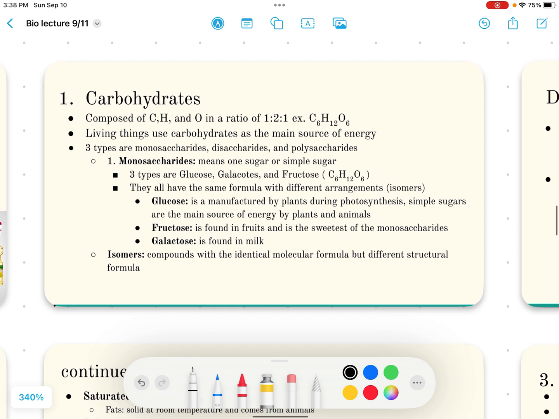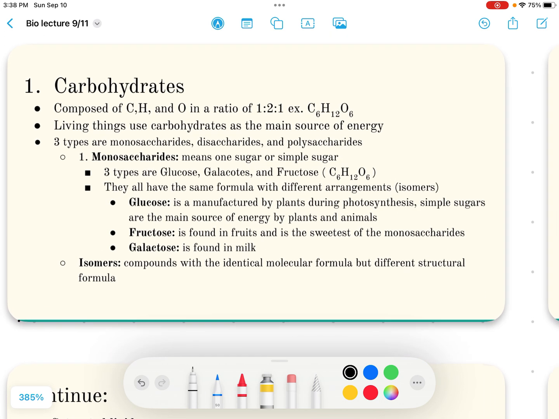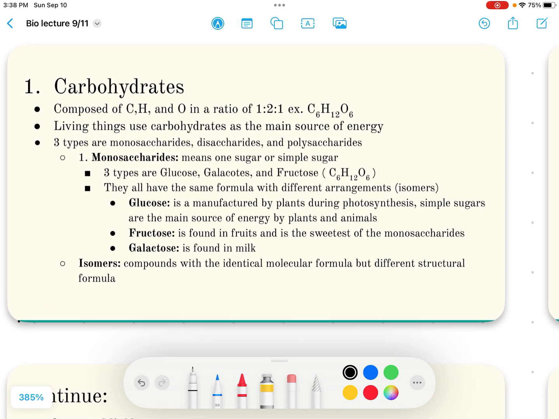The first one we're going to talk about is carbohydrates. Carbohydrates consist of carbon, hydrogen, and oxygen in a 1 to 2 to 1 ratio, meaning for every 1 carbon, there are 2 hydrogens and 1 oxygen. For example, we have C6H12O6, and that is known as sugar, or glucose.